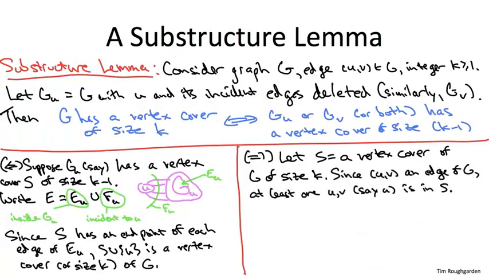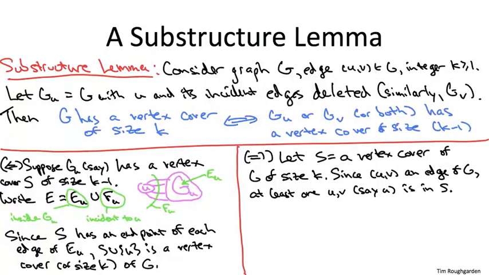So let's think about the pink picture from the other direction of the proof. Let's think about exactly the same decomposition of the original edge set capital E into two sets. Now this set S, remember, is a vertex cover of the original graph G, so S contains at least one endpoint of every edge. But now U, which is one of the vertices in S, sure, it is an endpoint of every edge of F_U, every edge incident to U, but U is not an endpoint of any of the edges in E_U.